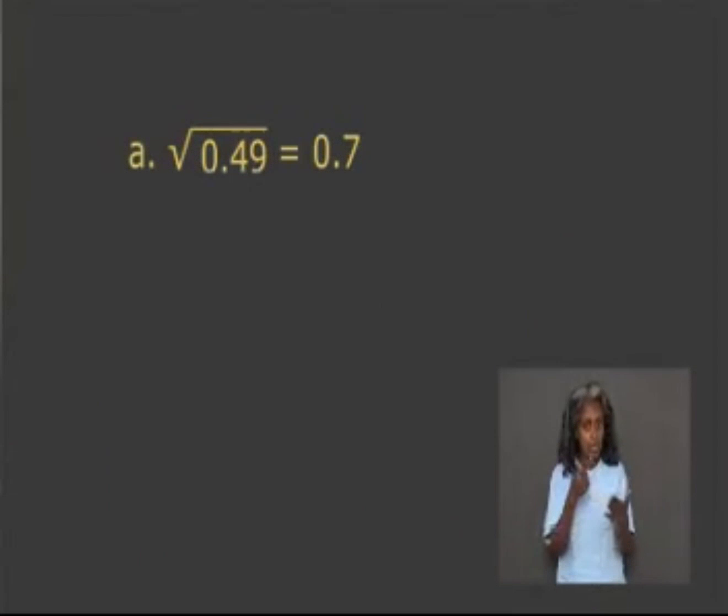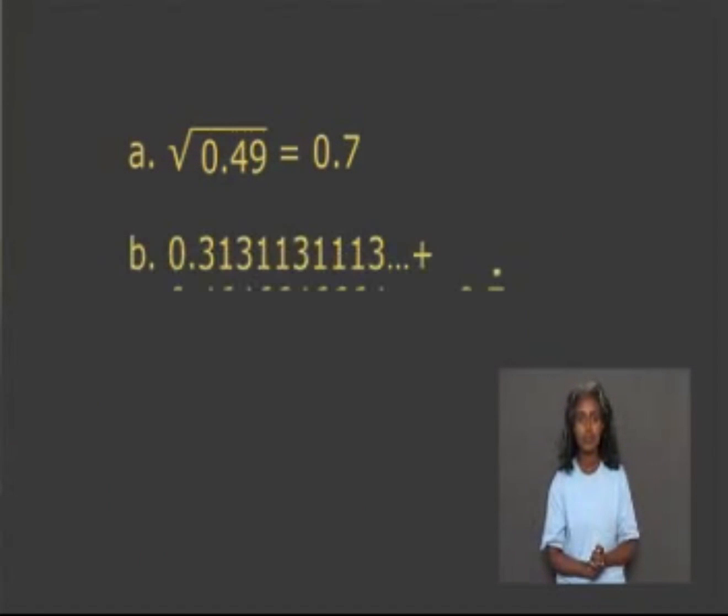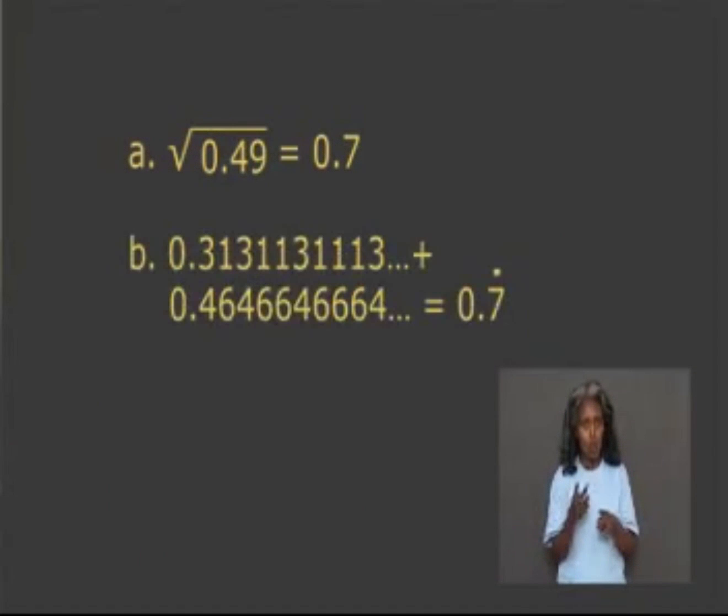This is a perfect square, so A is a rational number. Although both of the numbers in B are irrational, their sum is the repeating decimal 0.7. So B is a rational number.